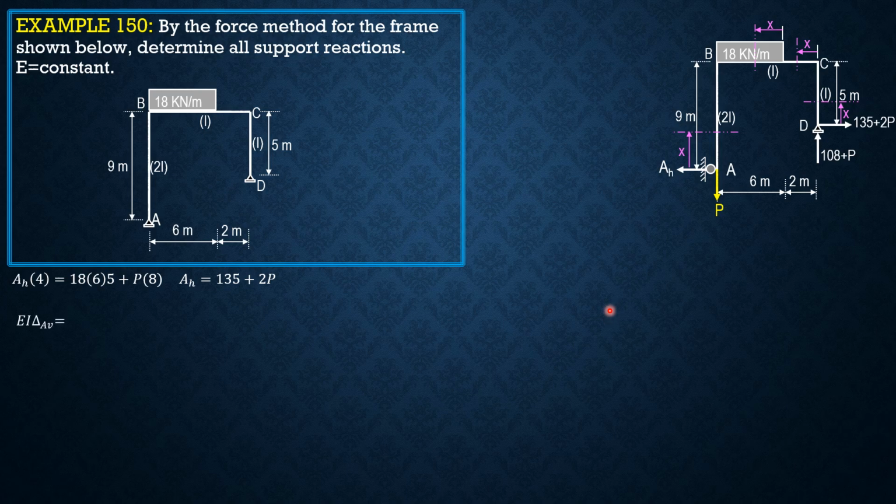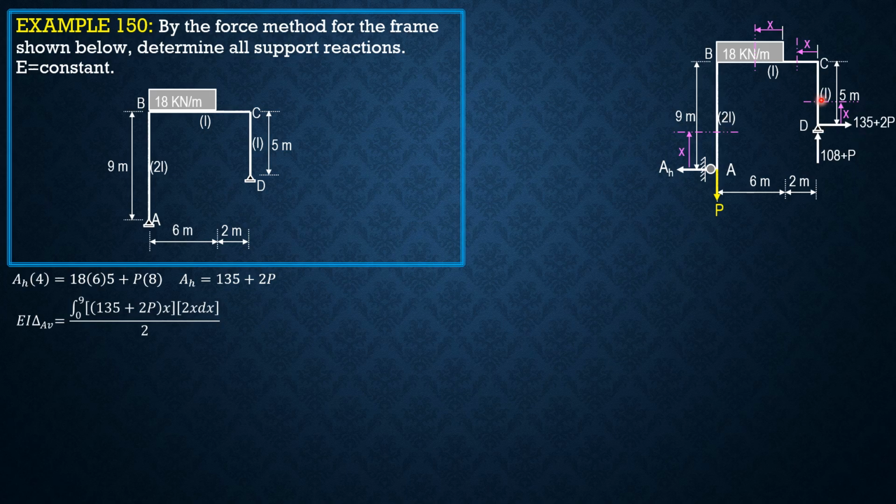So EI delta A vertical equals integral of moment at this section, which is 135 plus 2P times X. P has no moment. Then the partial derivative of this moment equation with respect to P is 2x dx, then divided by 2 because the moment of inertia is 2I.